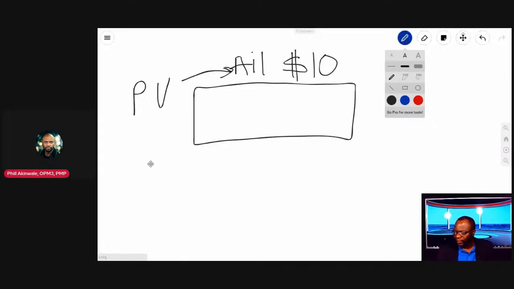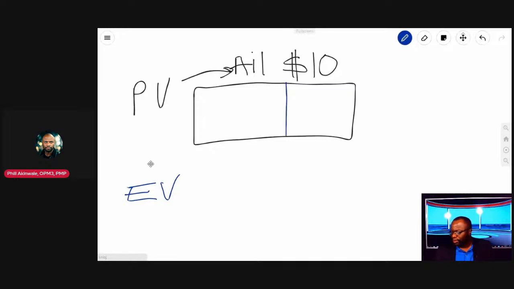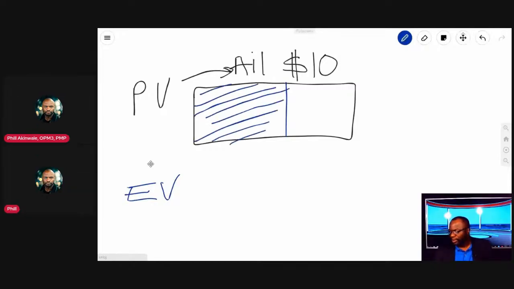Let's take a look at earned value first. Earned value would be, for example, within the time box, I did not get all of the work done. I got this shaded area done. Someone looks at it and says, okay, that's 60% of the work.